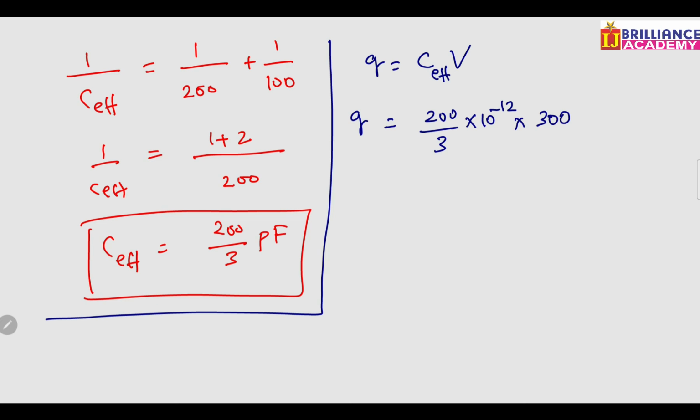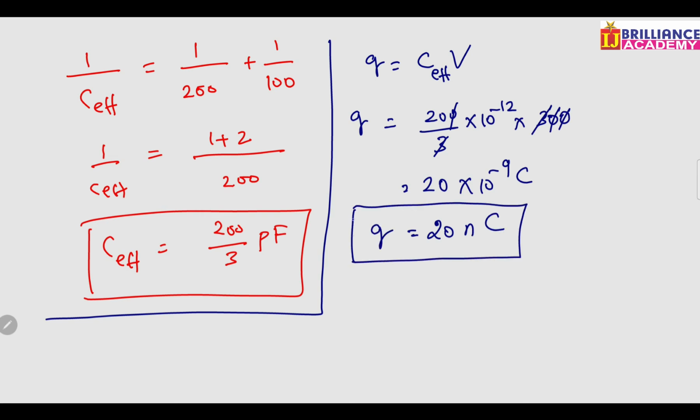So you can cancel whatever terms you can cancel. You can write 20, so 10 power minus 9 coulomb. So you can write 20 nano coulomb. This is the total charge that is going into this combination.